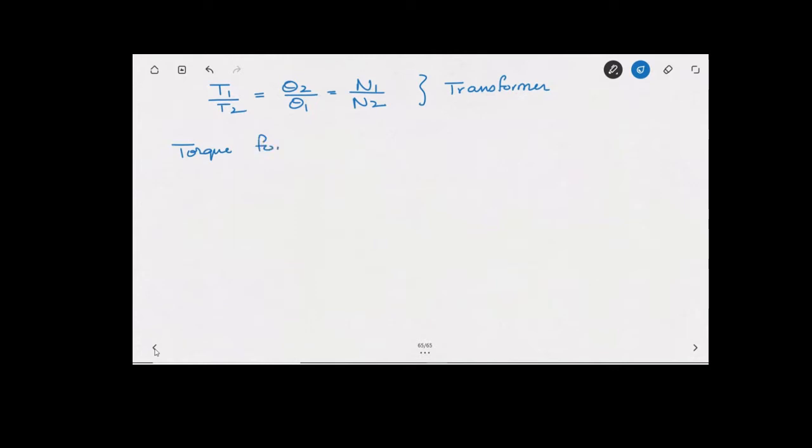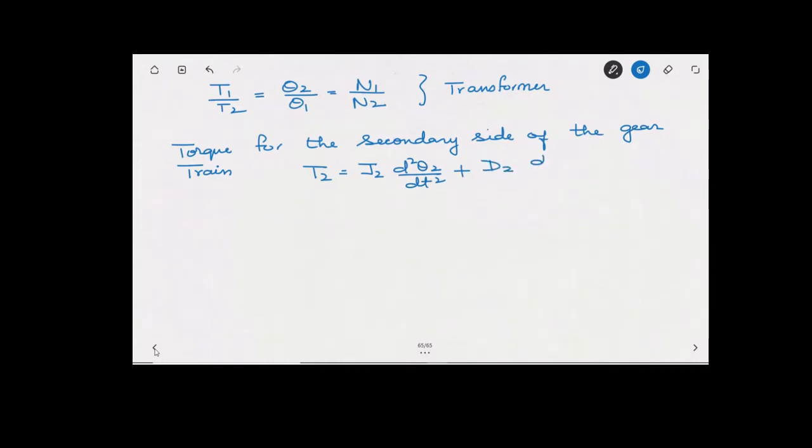So torque for the secondary side of the gear train is given by T2, which is equal to J2 d2 theta 2 by dt square plus D2 d theta 2 by dt.